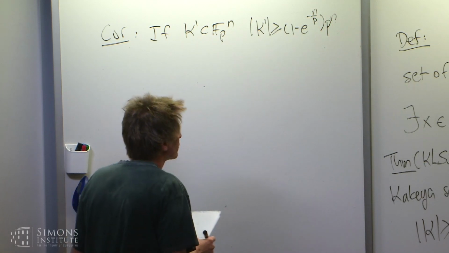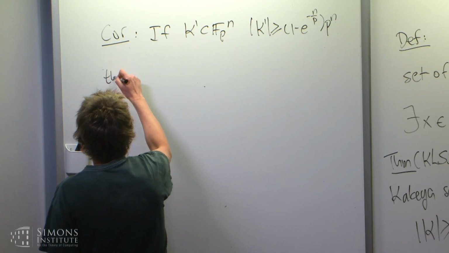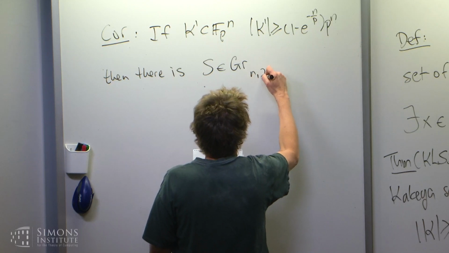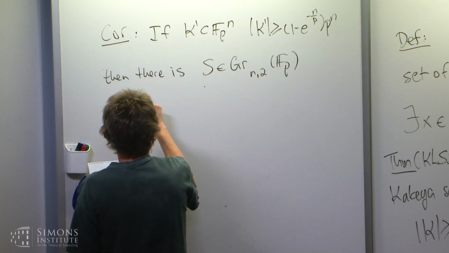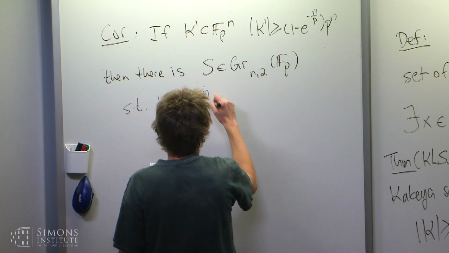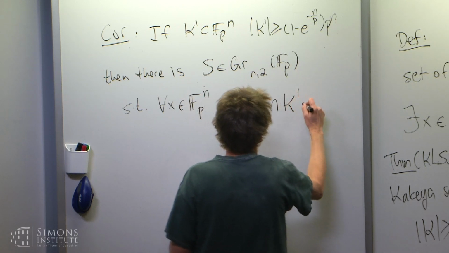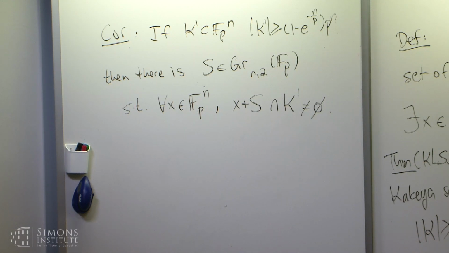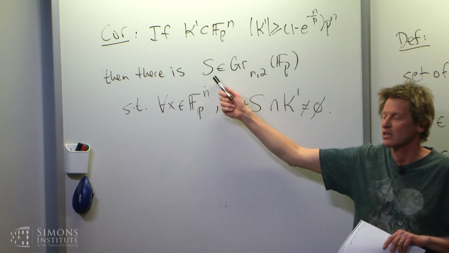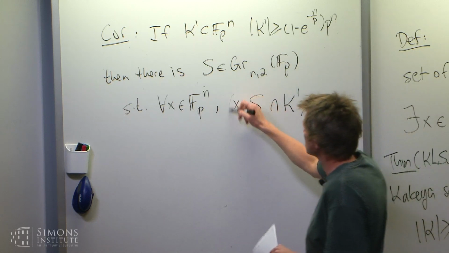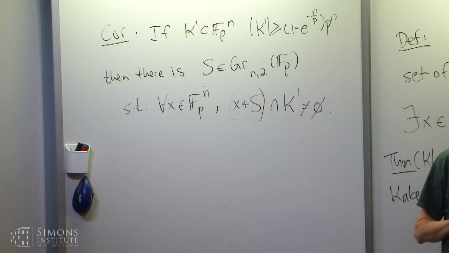If you have a set which is so large that its complement can't be a Kakeya set, that means that you can find a two-dimensional subspace so that no matter how you translate it, it has to intersect that set. In other words, it can't be contained in the complement. Okay, so let's just keep this in mind. And just think about this in the case where n is equal to p, so this just becomes 1 minus 1 over e.